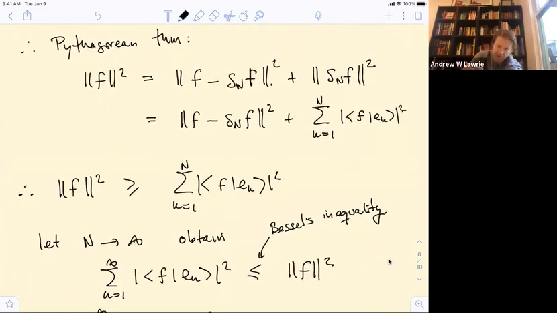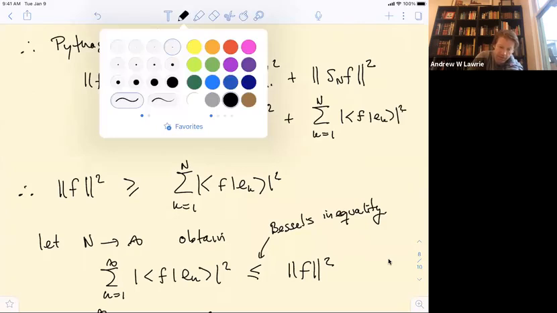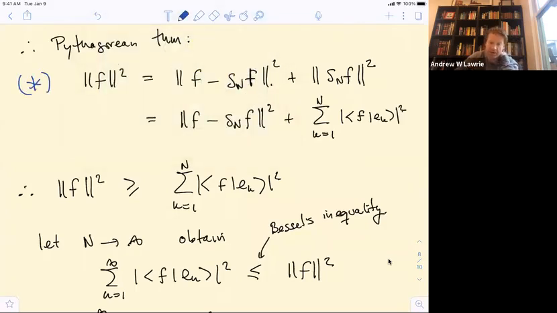Let me star this. Once I have that F minus S_N F tends to 0 in norm, I just let N go to infinity, it turns to 0, and then I recover the thing I want.